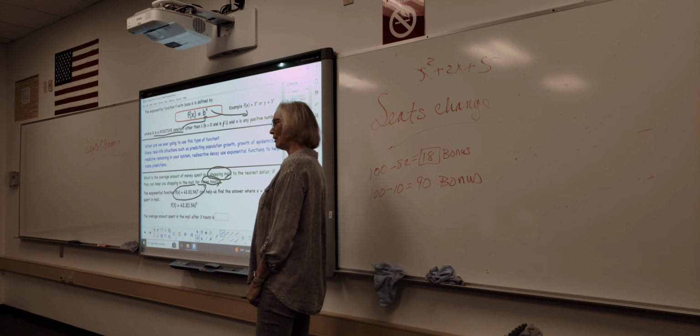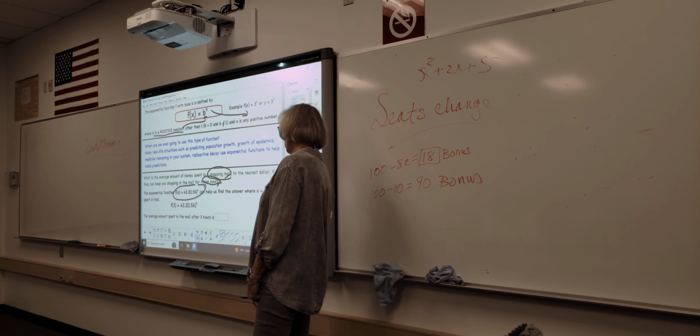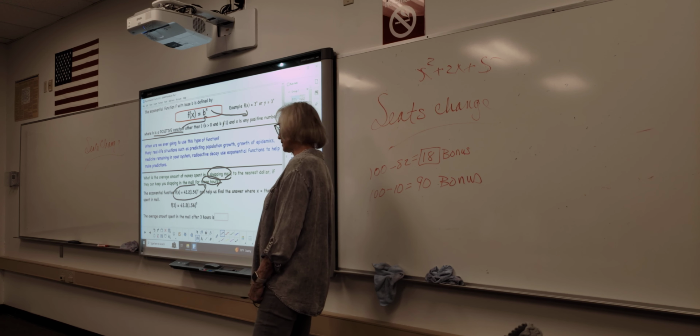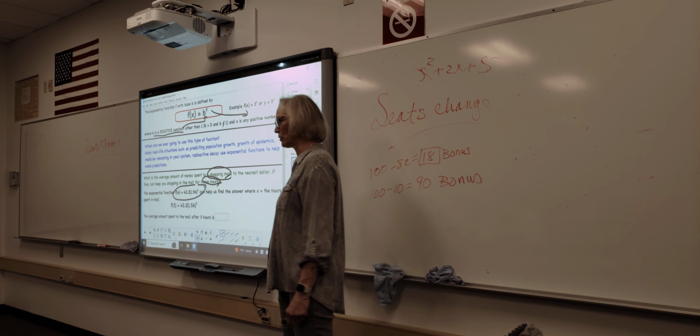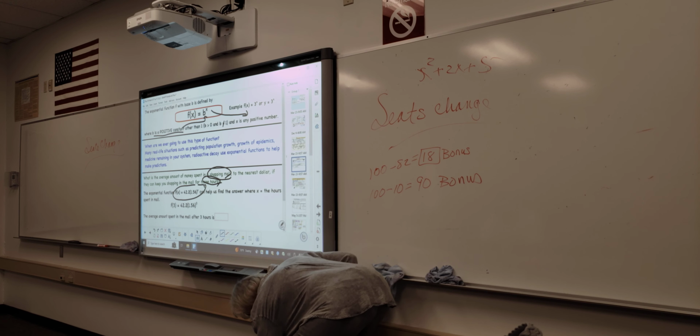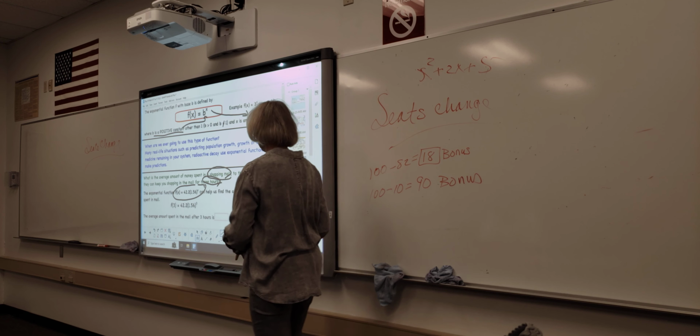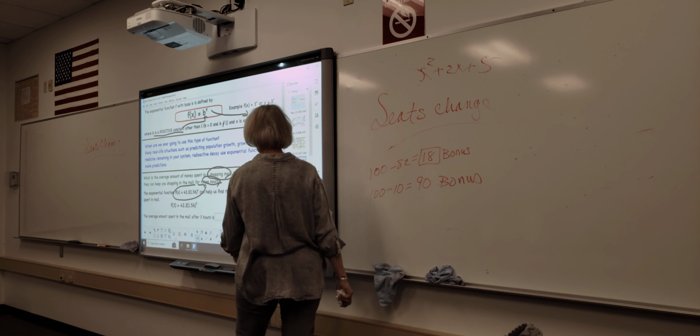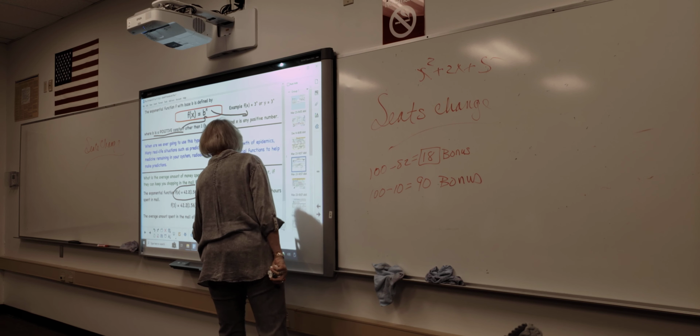Try your calculator and see if you can plug it in. 42.2 times 1.56 to the third power, press enter and round your answer to the nearest dollar. $160. Oh, no.